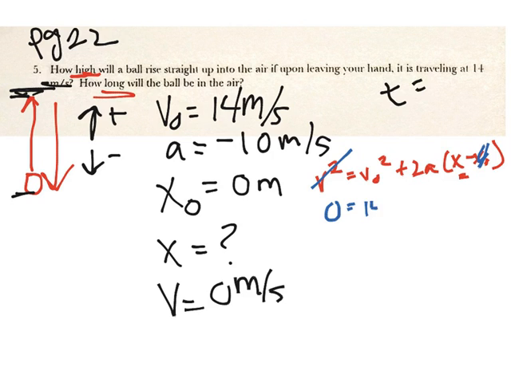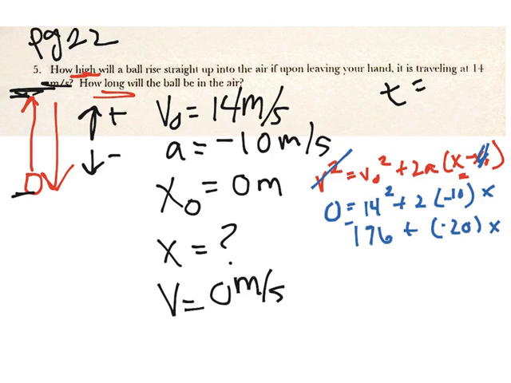Our v naught is 14 squared plus 2 times a negative 10 times our x. So now we gotta solve. You will need to square 14, so get out your calculator. 14 times 14 is 196 plus 2 times a negative 10 gives us negative 20x.